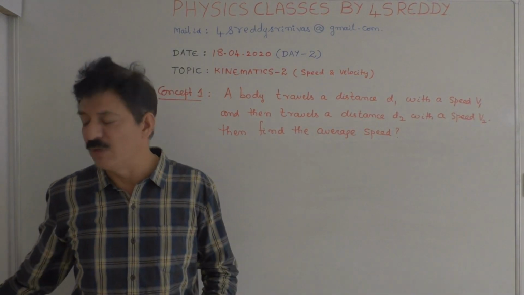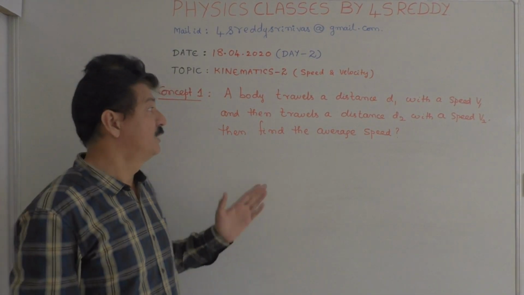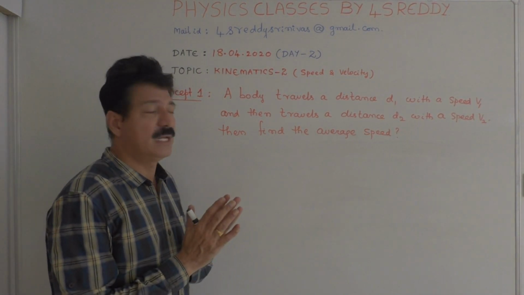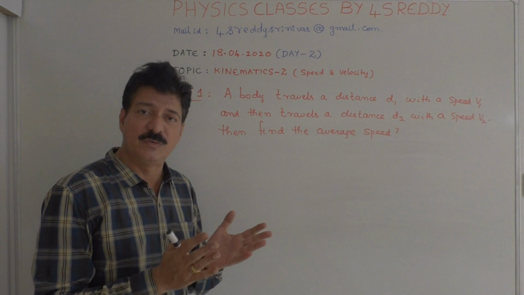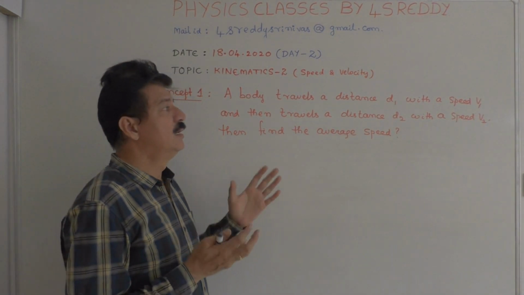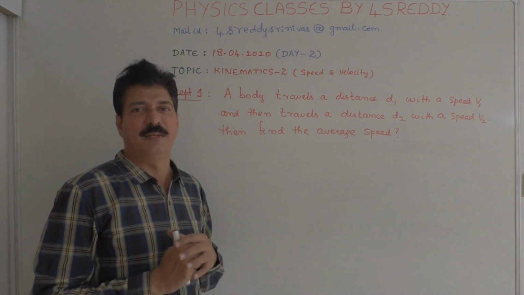This is a skill question, what we can say. But we are getting a general solution. For any given numerical values of D1, V1, D2, V2, we can directly calculate the average speed by knowing this general formula.